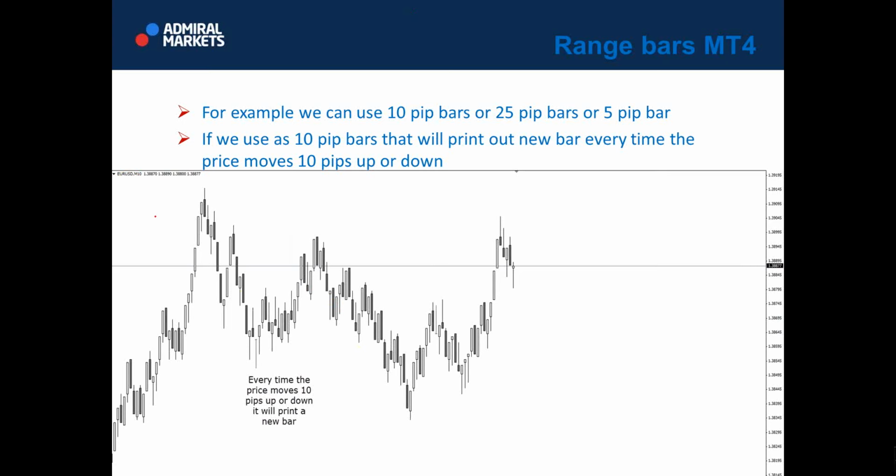Of course, you can change it, because how I usually did it, if I put 10 pip bars, then I will make euro dollar offline M10. If I put 5 pip bars, that will make euro dollar M5. If I put 3 pip bars, as we will use on the scalping system, then I put it as euro dollar M3.